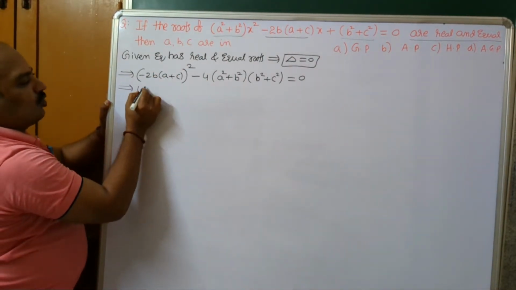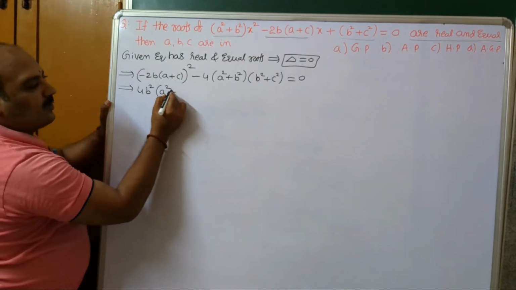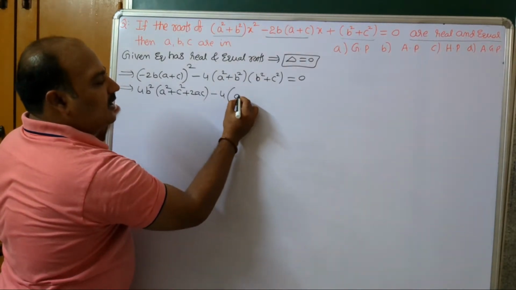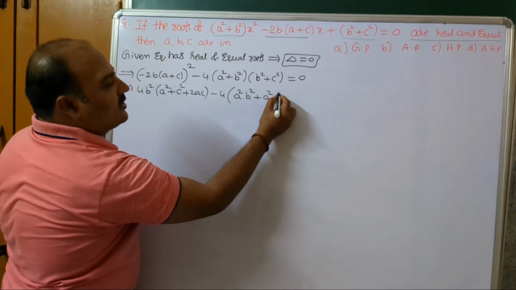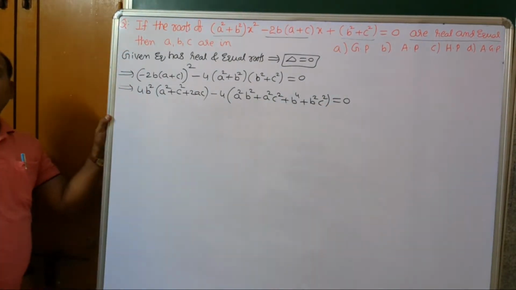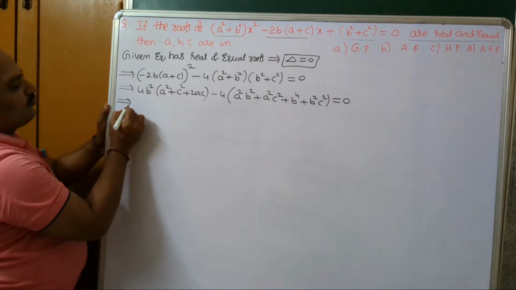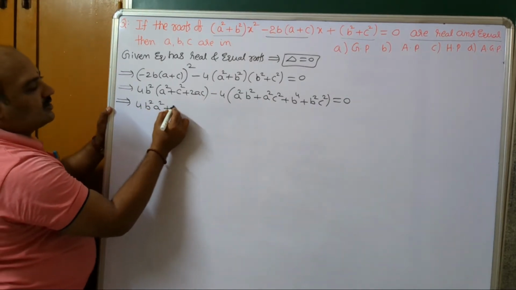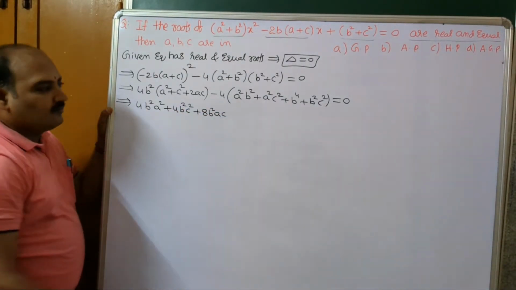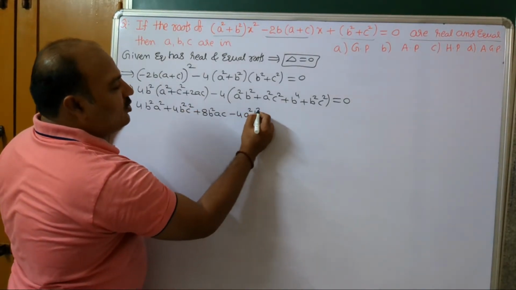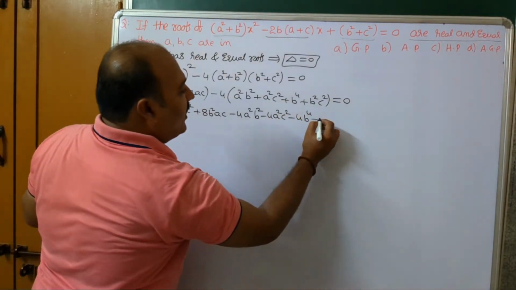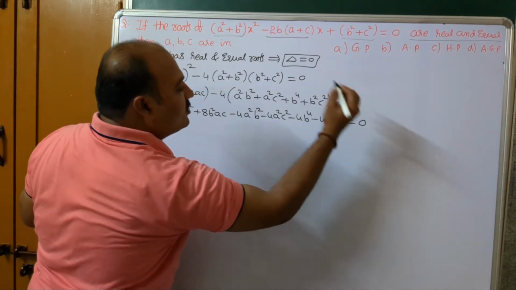So 4b square into (a plus c) whole square, a square plus c square plus 2ac, minus 4 into the actual multiplication: a square b square plus a square c square plus b power 4 plus b square c square, is equal to 0. 4b square a square plus 4b square c square plus 8b square ac minus 4a square b square minus 4a square c square minus 4b power 4 minus 4b square c square equal to 0.